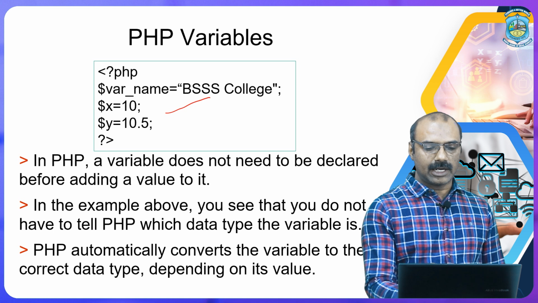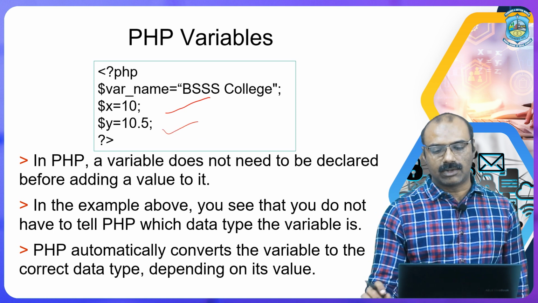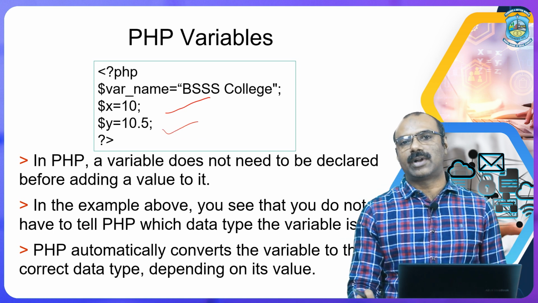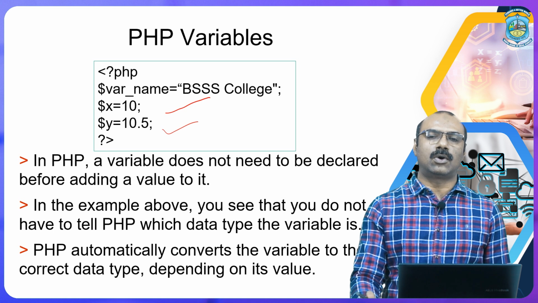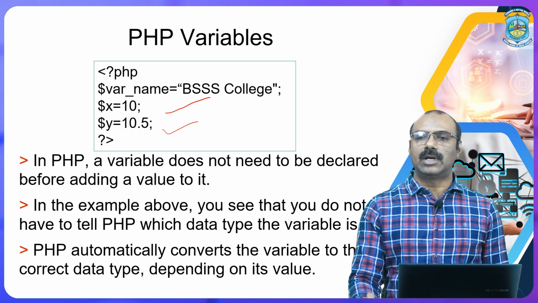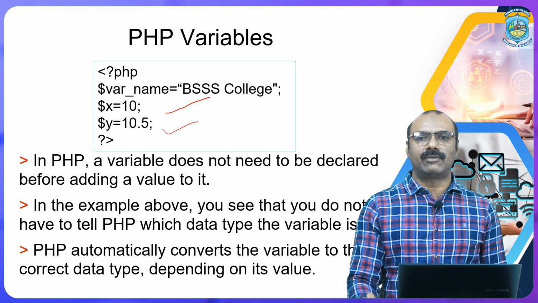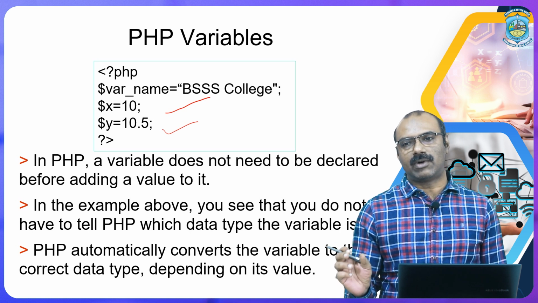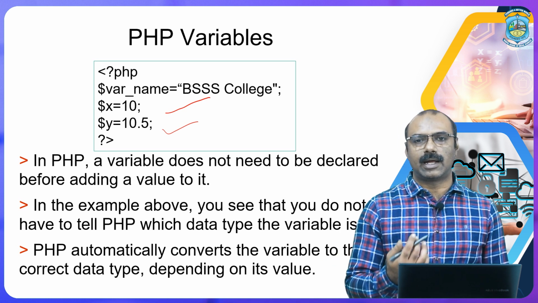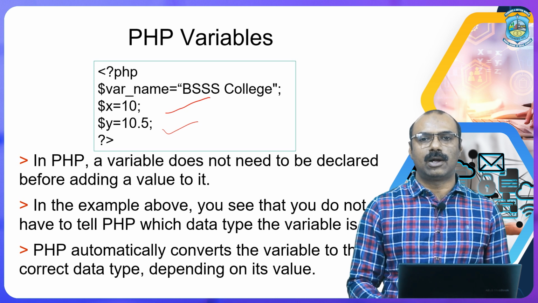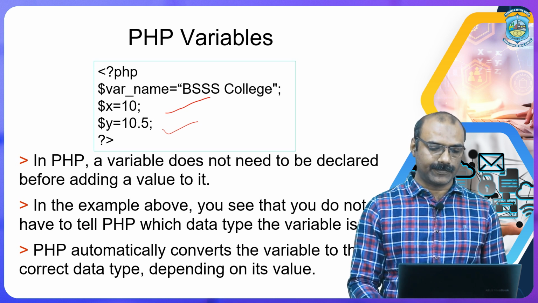Now in the third statement we have written $y equals 10.5, which is a fractional value, either we can say a float or a decimal value. So without us giving the data type of the variable, PHP itself understands by looking at the value, and it associates that data type with the name of the variable.